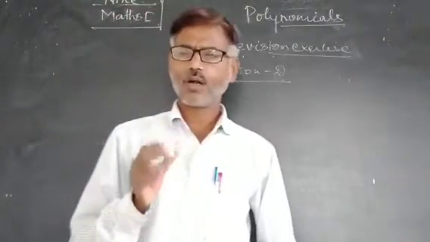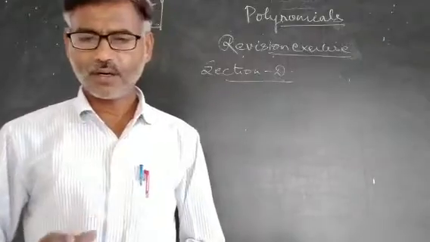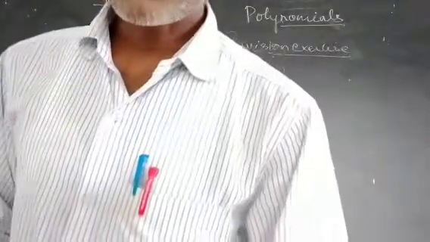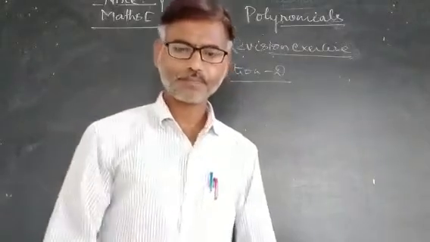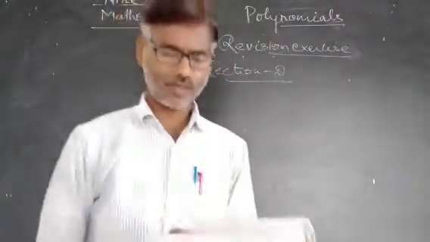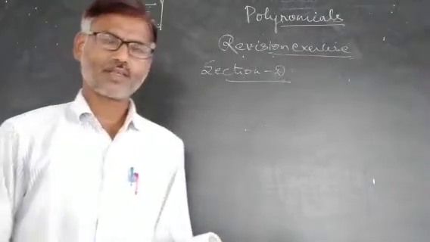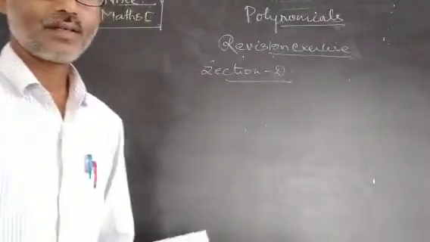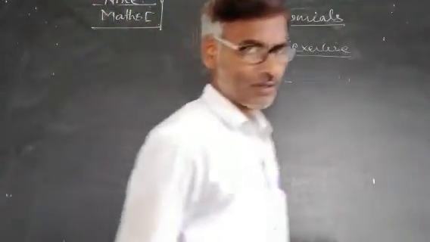right now, I will solve a question from section D given on page number 179. It is question number 11. Let's see what the question asks. The question tells us to factorize the given polynomial.